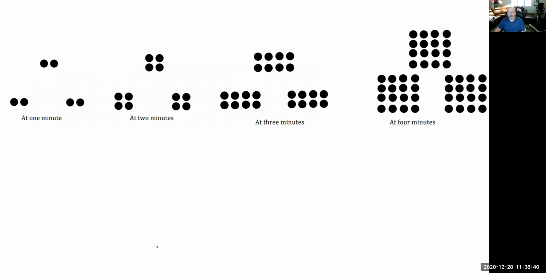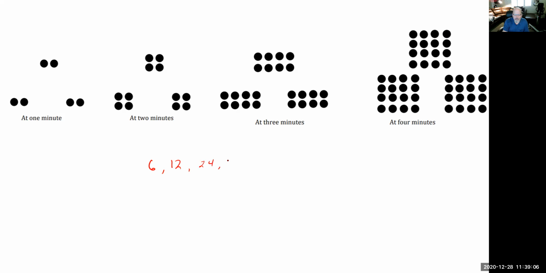Look at another. So the sequence would be, the first one is 6, the second one is 12, the next one is 24.